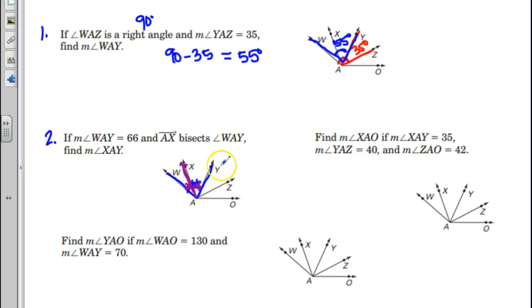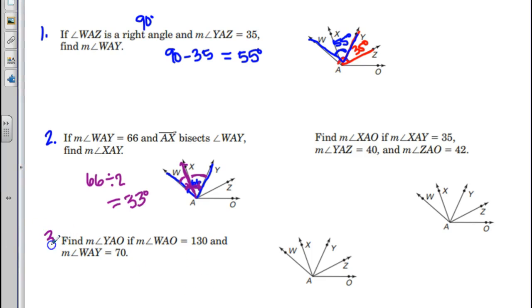So AX bisects WAY, find XAY. So these two right here add to be 66 degrees. So that means each of those has to be what? Half of 66. So 66 divided by 2 is 33 degrees. So XAY, and by the way, WAX also has to be 33 degrees.